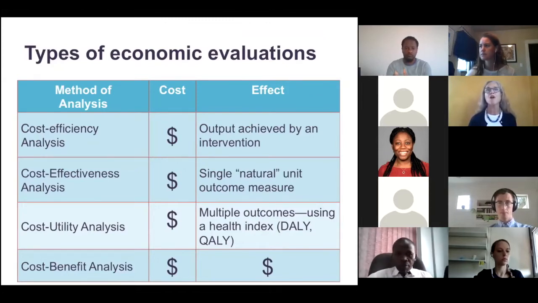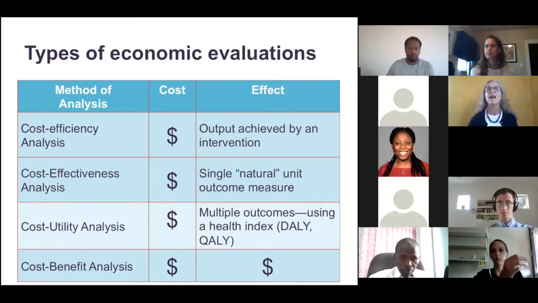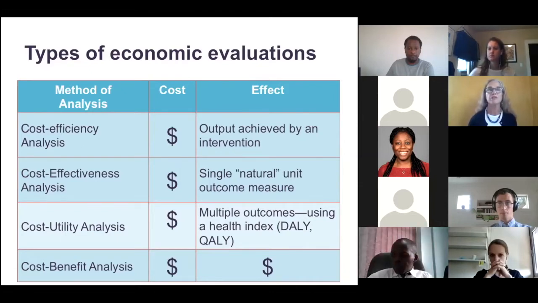As you can see, all economic evaluations measure costs, but they differ in how they measure effect. Cost efficiency analysis only looks at the output achieved by an intervention. This is a partial form of economic evaluation because it's not really looking at effectiveness or impact. It's really measuring reach. So typically we'll report out on the cost per output achieved.